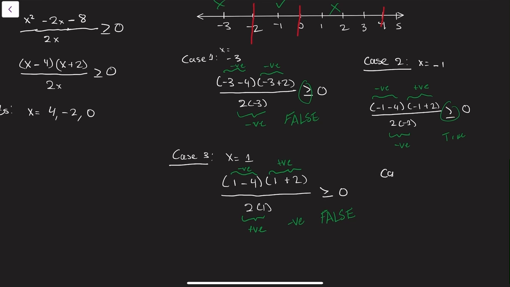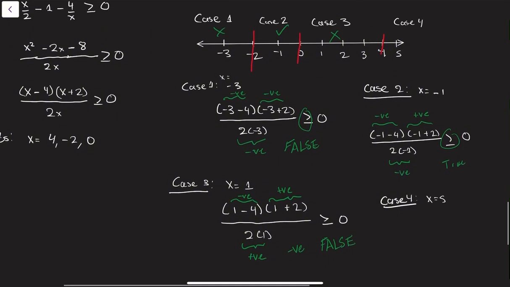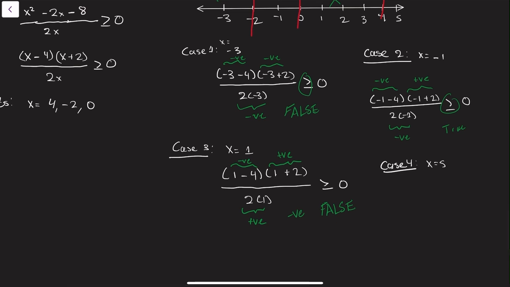Last, but certainly not least, case 4, with an x value equal to 5, since that's greater than 4. We're going to have 5 minus 4, 5 plus 2, all divided by 2 and 5. This all has to be greater than or equal to 0.